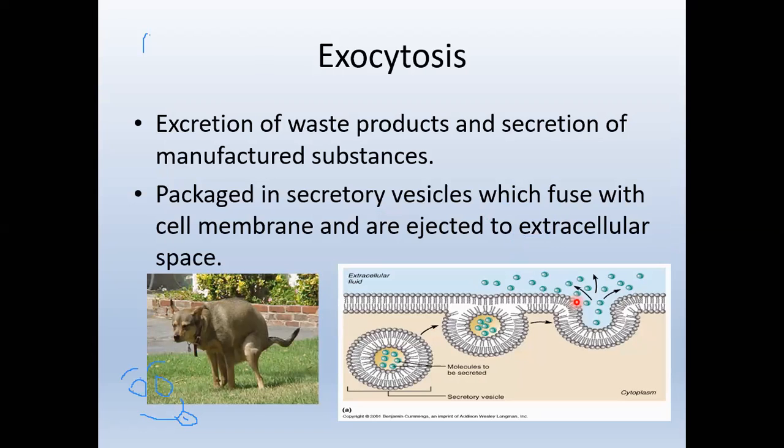It's not just waste though, because remember, our cells are making proteins, all kinds of really great groovy stuff that need to be shared with the rest of our body world. And so here, it's the exact same premise, just in reverse. Instead of having something coming down, binding, and then releasing it into the cell, I have something that binds with our cell membrane and releases it to the outside.